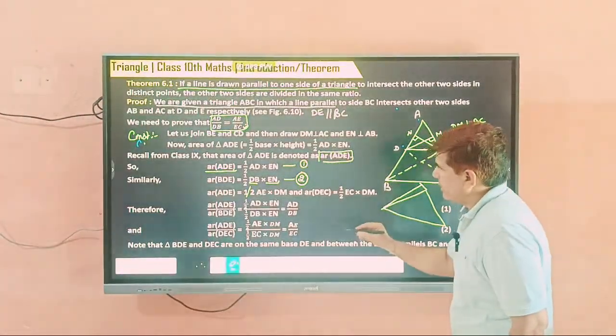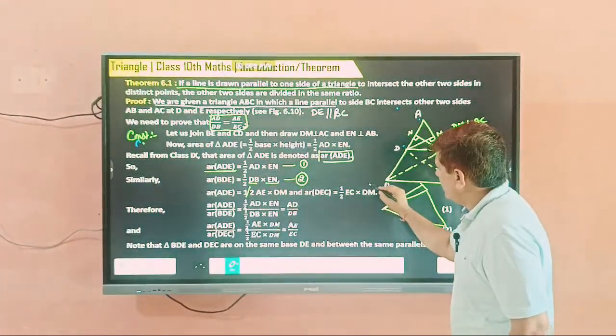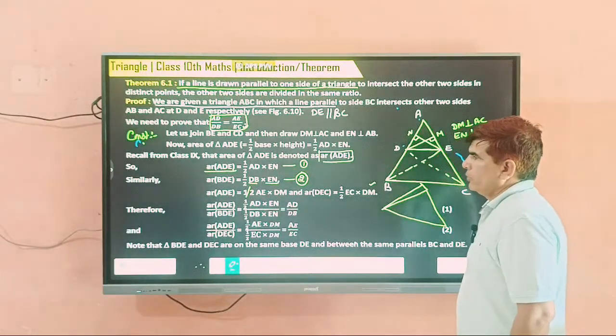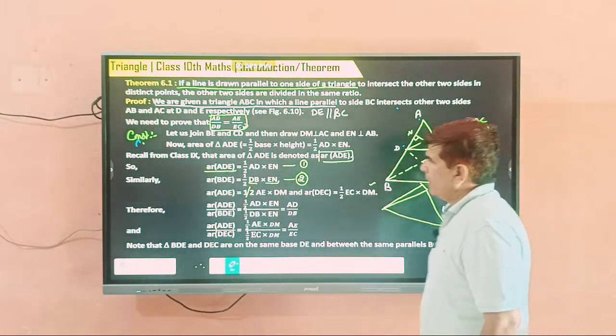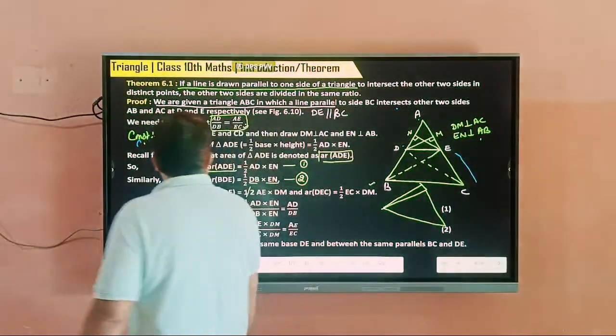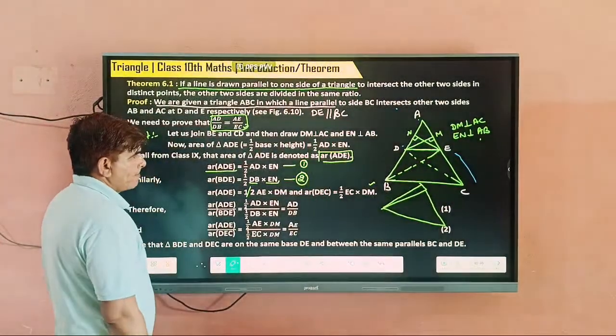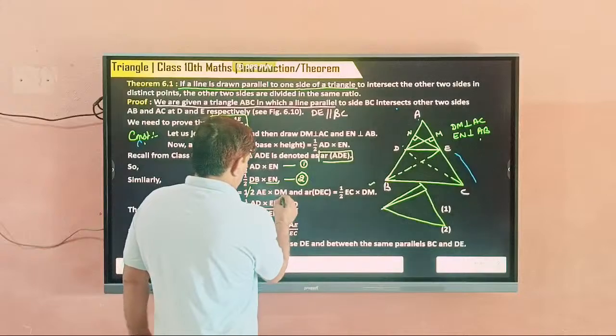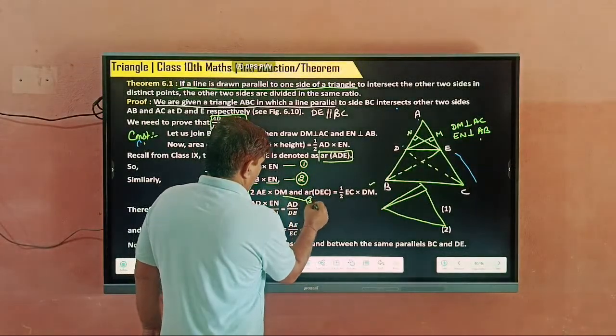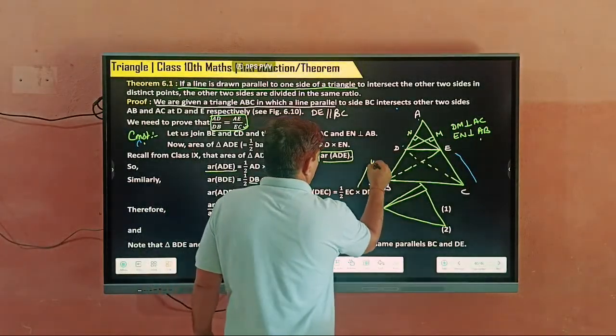So what's written here? DM. Now this is the third equation and this one is the fourth.